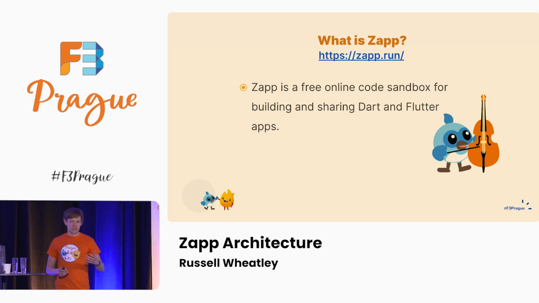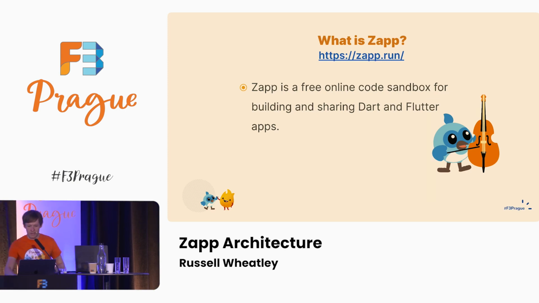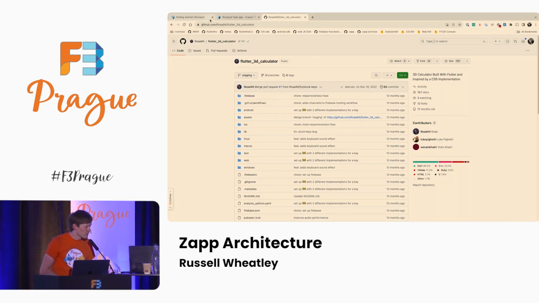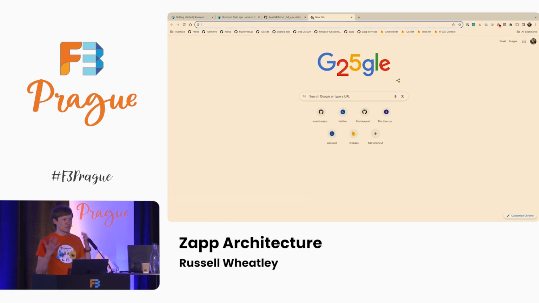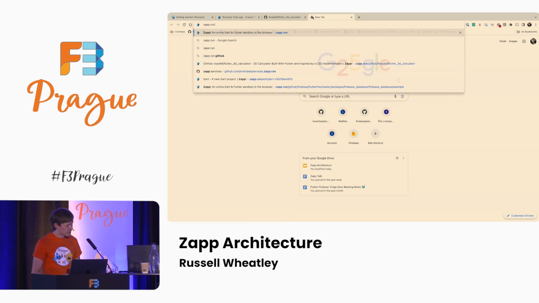And it's very similar to that, but with Dart and Flutter applications. So I thought I would just give a small demonstration of Zap, just for the ones who are uninitiated. Just so we're all on the same page.